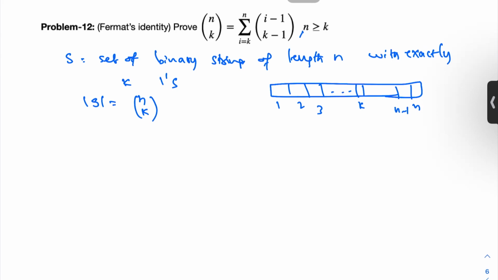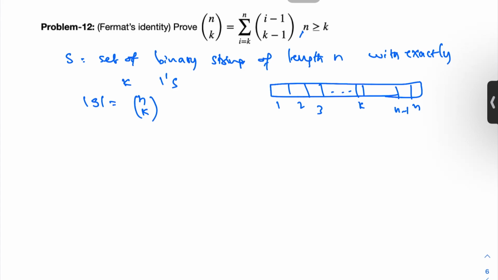If you focus on the last one in the binary string, it never occurs before position k, because there are exactly k ones, so the last one is at least at position k. It could be at k, or k plus 1, or k plus 2, or at n. So let's classify all these binary strings in terms of the last position of 1.